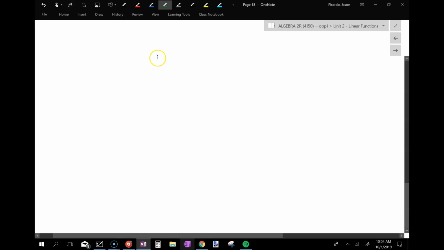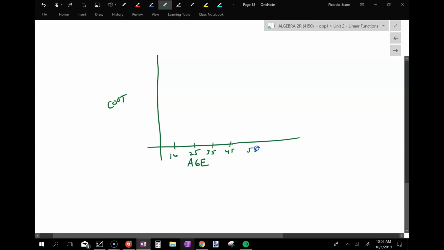So the way, don't write this down, but the way insurance works is you have age and then you have cost. And so 16, let's say 25, 35, 45, 55, 65, 75, 85, and then there's different cost levels, right? Well, what they do is something like this.